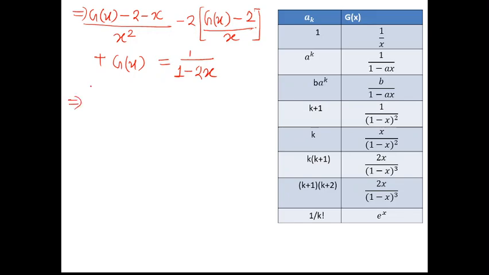Now this implies, collect the term of g of x here. So therefore g of x is nothing but, here what is remaining, 1 by x square. Here in this case it's minus 2 by x plus 1. Now what are the remaining terms? That should be shifted on right hand side. Remaining terms are, so it is equal to 1 upon 1 minus 2x.